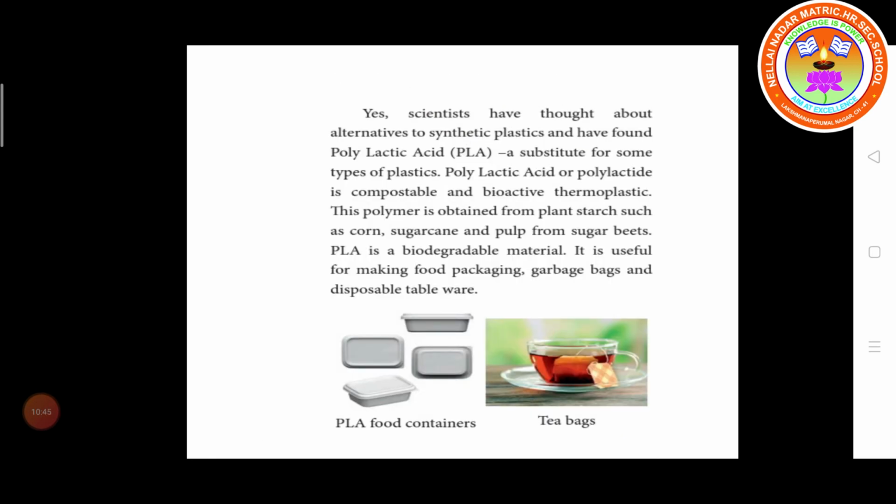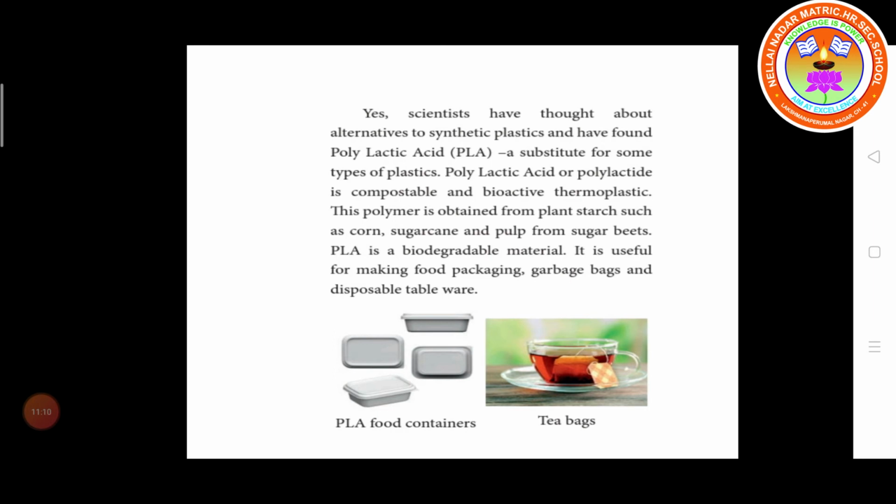Yes, scientists have thought about alternatives to synthetic plastics, and have found PLA. PLA means polylactic acid. It is a substitute for some types of plastics. Polylactic acid or polylactide is a compostable and bioactive thermoplastic.